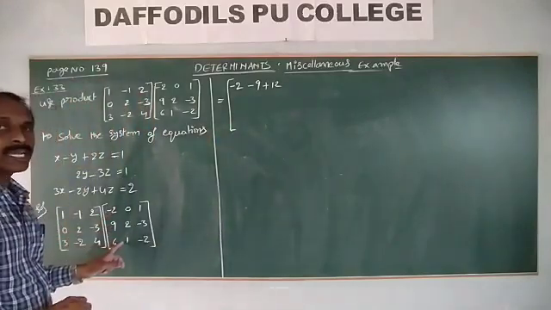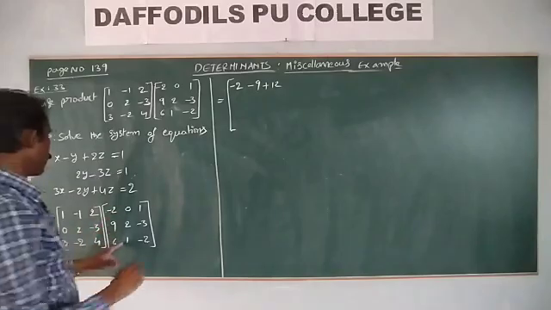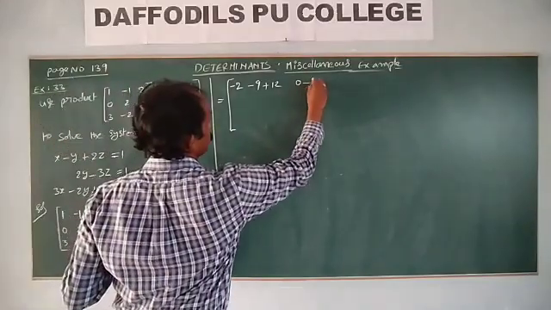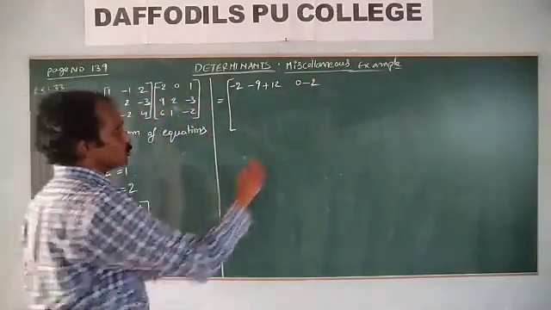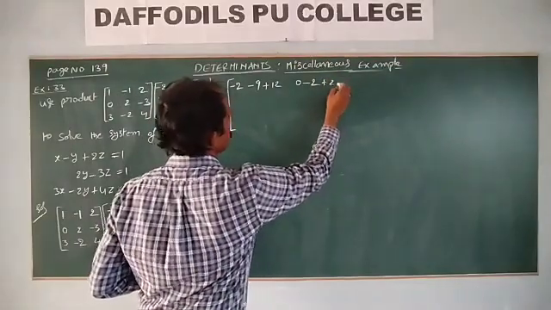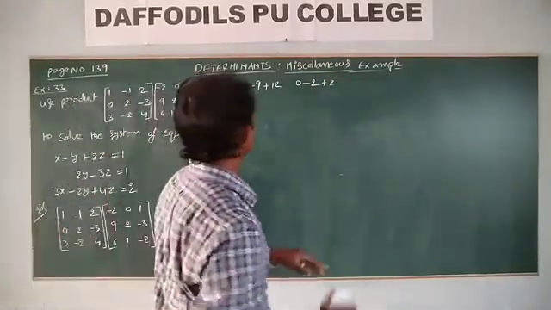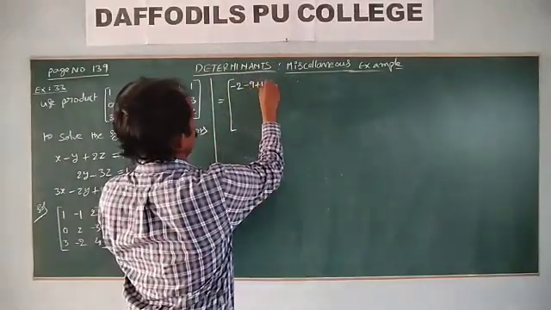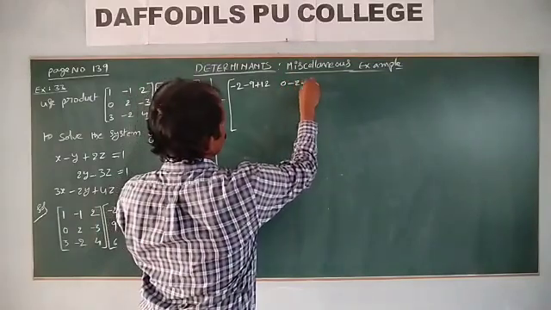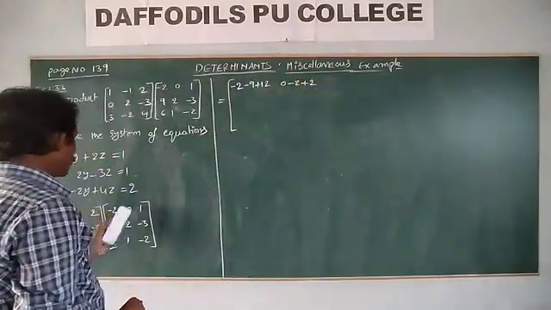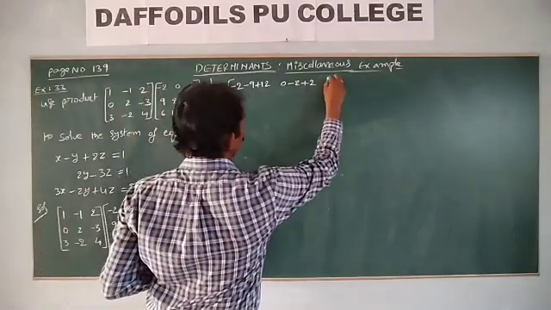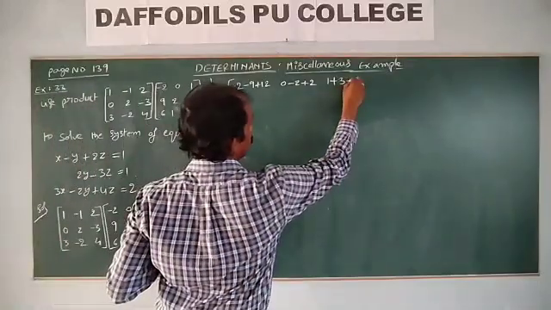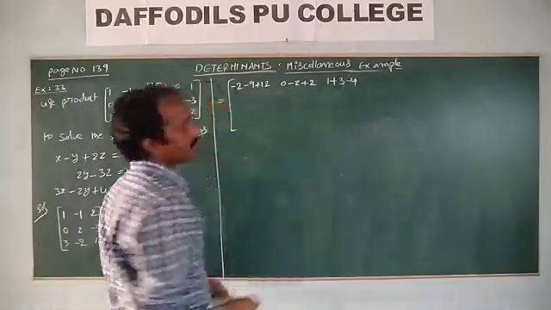First row, second column: 1 into 0 is 0, minus 1 into 2 is minus 2, 2 into 2 is plus 4, so 0 minus 2 plus 2 is 0. Next, first row, third column: 1 minus 1 into minus 3 is plus 3, 2 into minus 2 is minus 4, right?